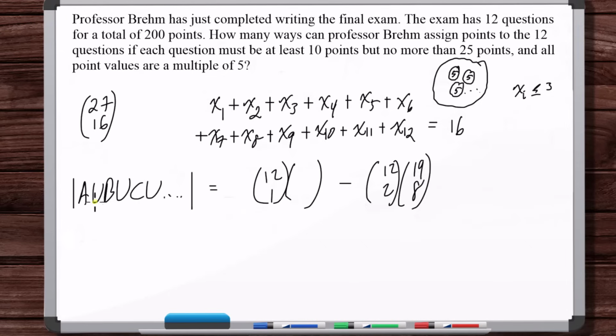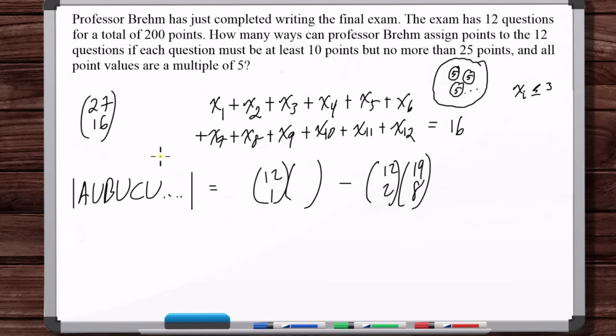It's 12 choose 2 because the order doesn't matter. We don't count B intersection A. It's all the same, so it's just 12 buckets choose 2.